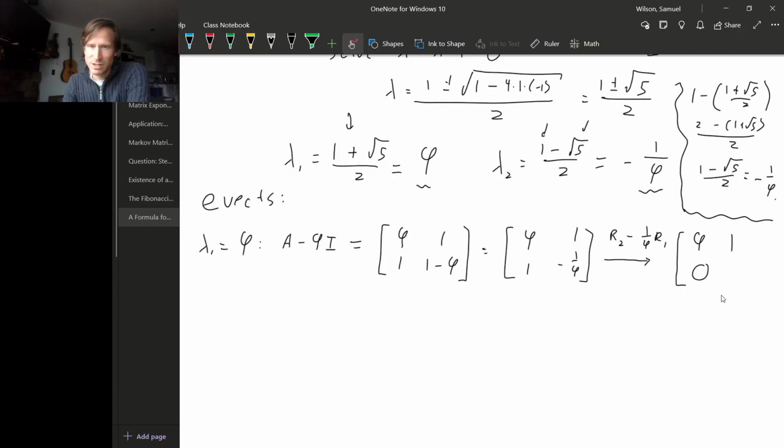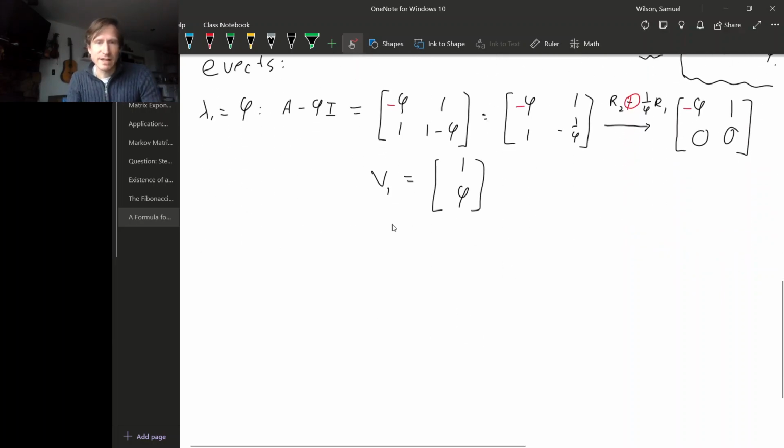So why didn't this come out to be 0? I see. I'm missing a minus sign over here, so I need a minus sign here, and that means this minus here should be a plus. I need a minus sign here. And now when we compute this bottom right entry, it comes out 0, right? Okay, there we go. So for an eigenvector, it looks like (1, phi) is an eigenvector.